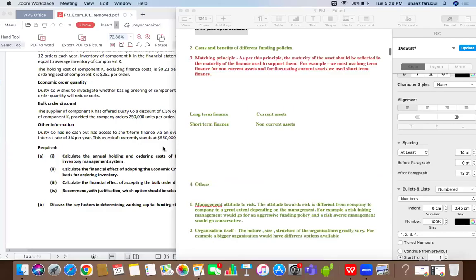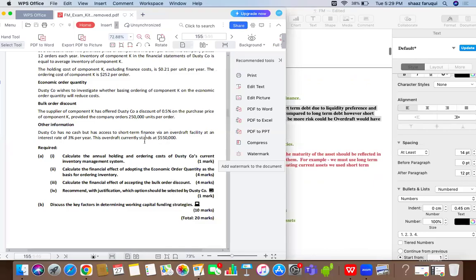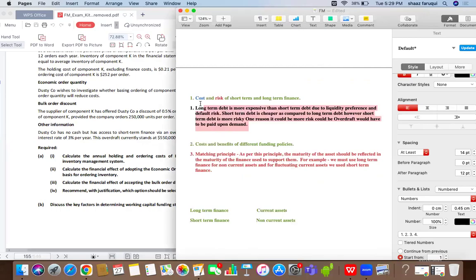Right? So I hope all of you are clear. Again, you know the answer. By now, it's surprising if you don't know what to put. But here I've just given some tips and tricks as to how to impress the examiner. Again, an example is you first mentioned the cost and then you talked about the risk. You said which type of funding is more expensive and which is less expensive.